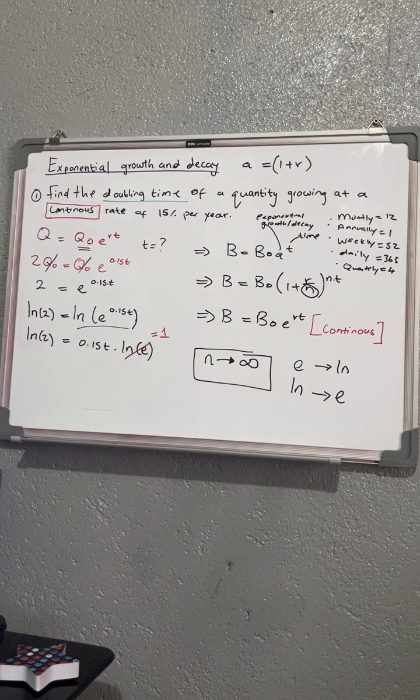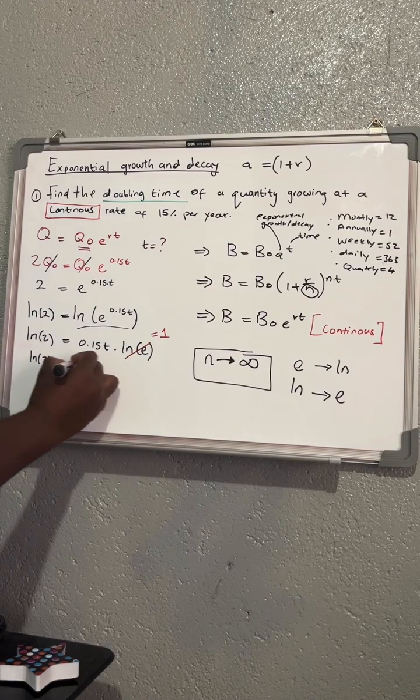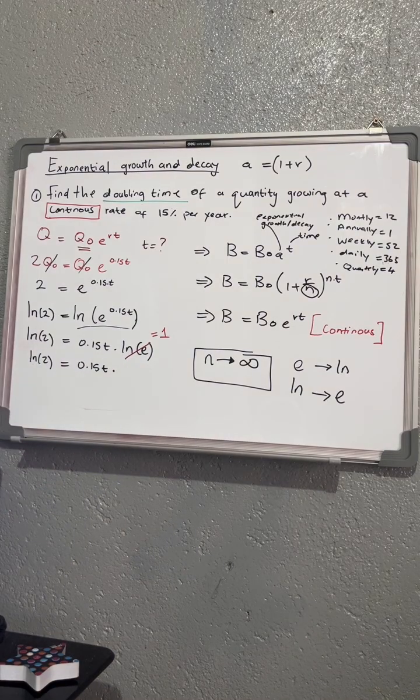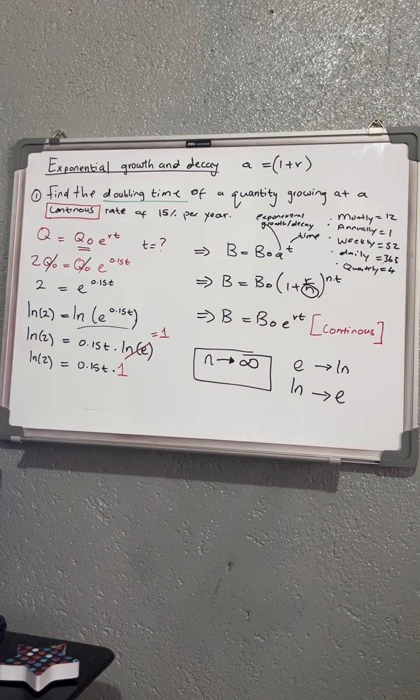So how are you going to write this? You have your ln of 2 would be equals to 0.15 T multiplied by 1. So we've basically gotten rid of that ln of E.